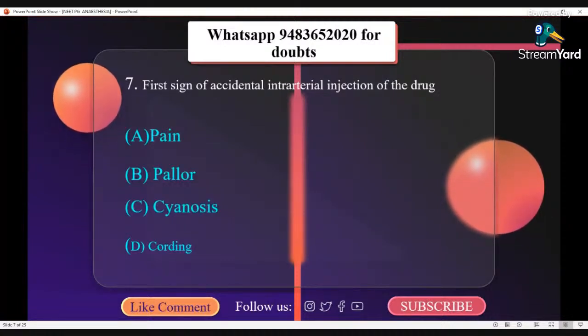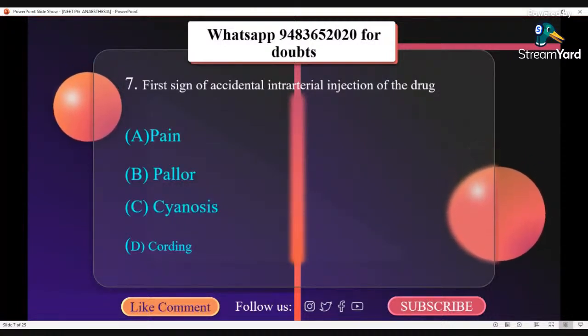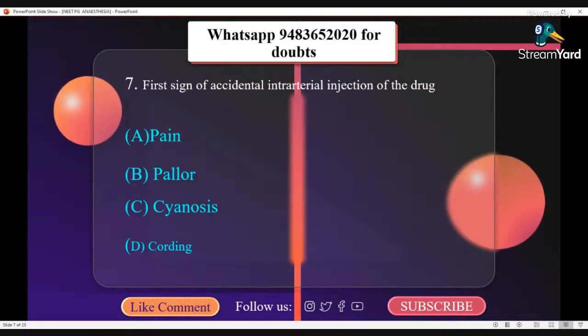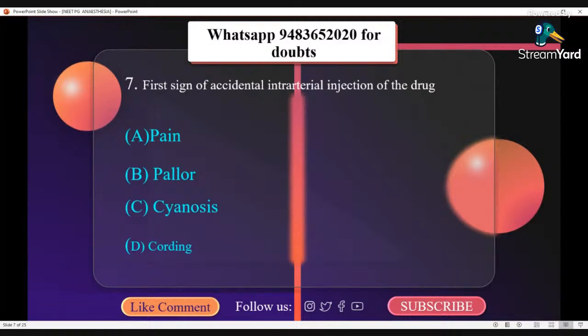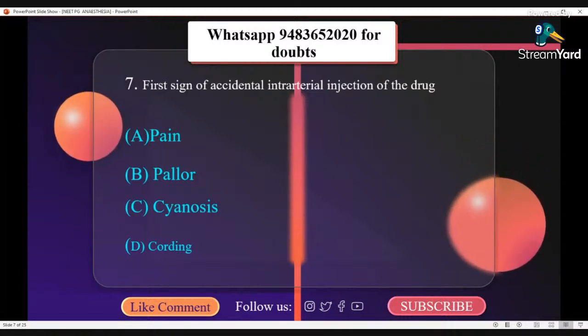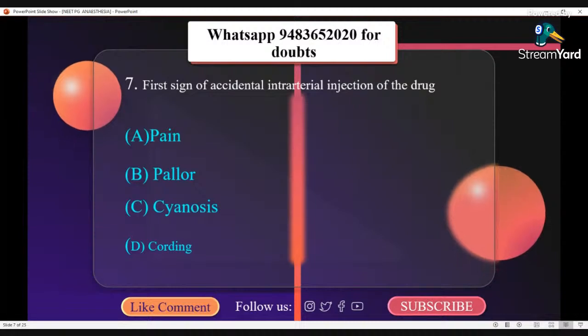So if they had asked the question as symptom, then it is pain, and the sign is pallor.